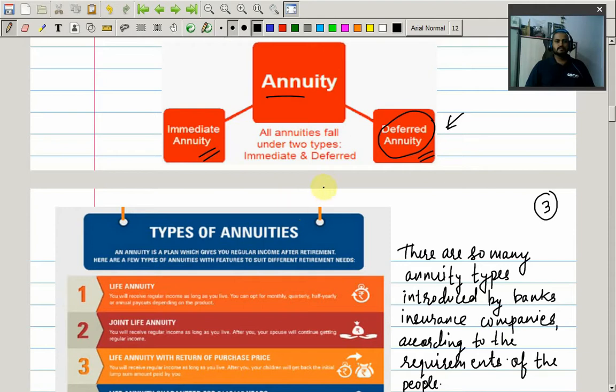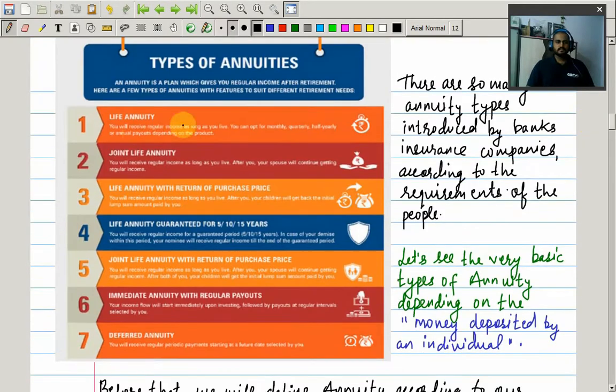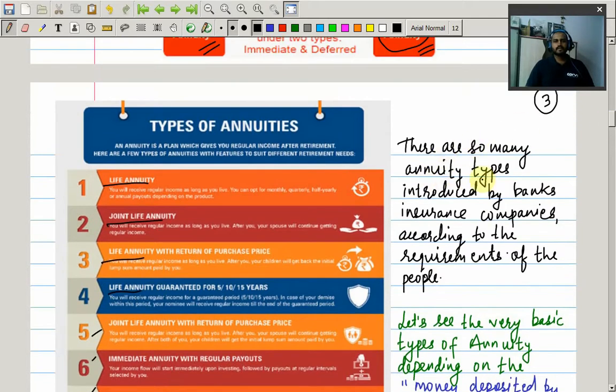It's not in our syllabus for FIBCom. Then we see these types of annuities also. We have so many types of annuity. So there are many annuity types introduced by banks and insurance companies according to the requirements of the people.